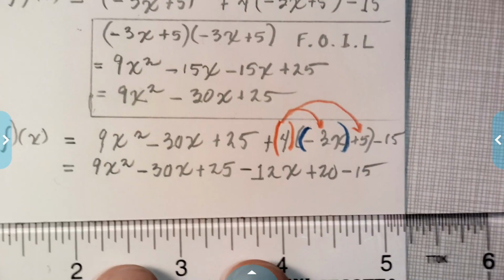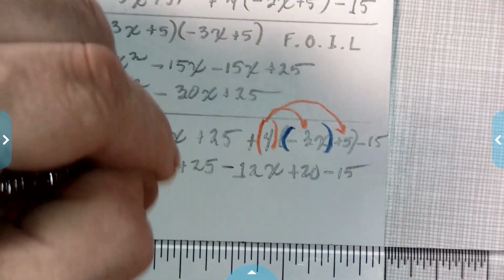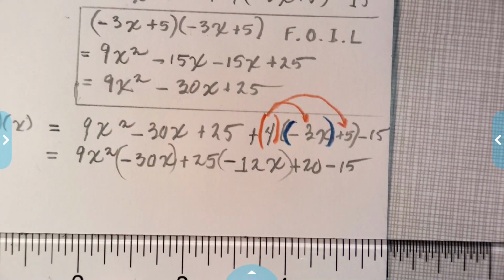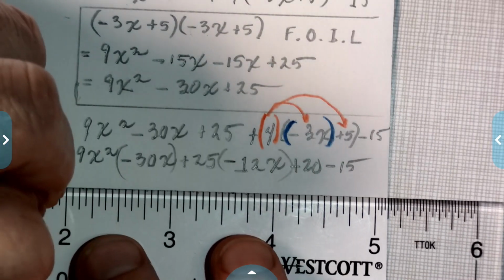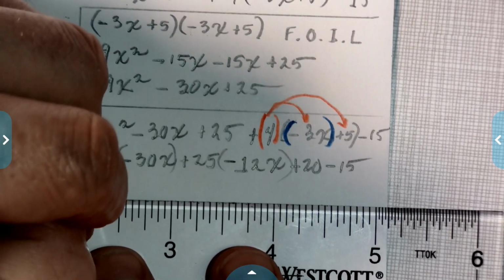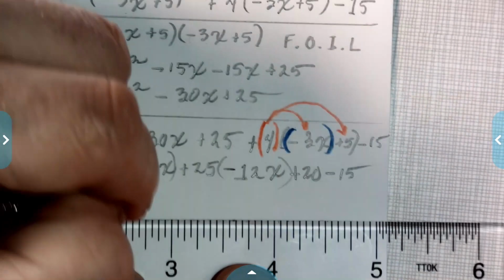Now they want us to combine like terms. I got negative 30x and negative 12x. So that'll be negative 42x. So this will give me 9x squared minus 42x.